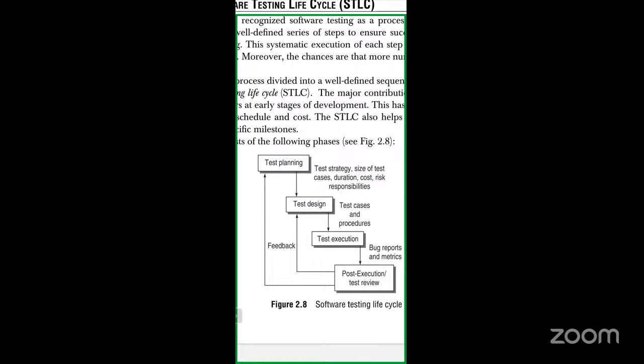And along with the duration, we are also going to check the cost related to that particular system, that is that particular product. Then we are going to check the risk, responsibilities, and other aspects related to the software which we are going to test. So that is related to test planning.